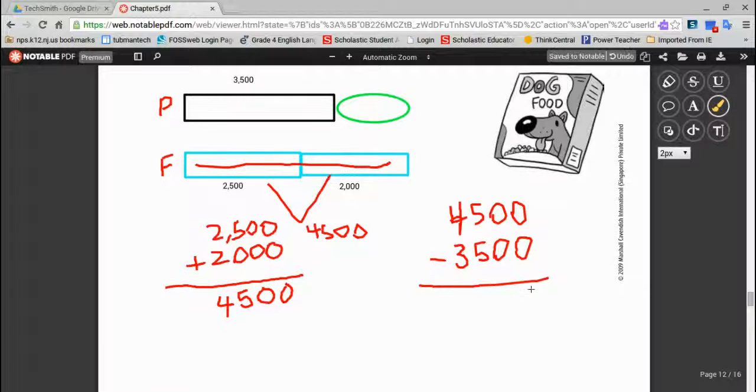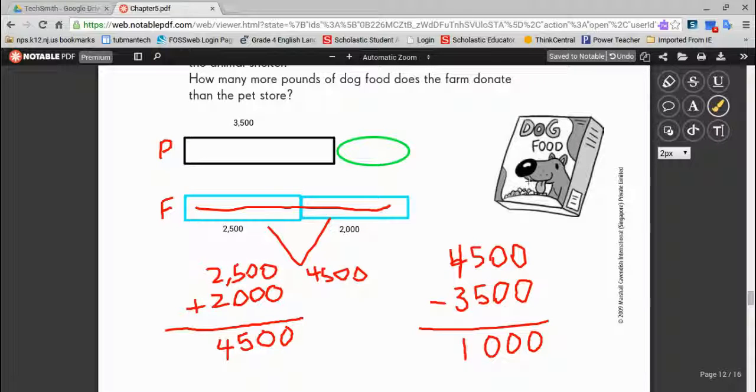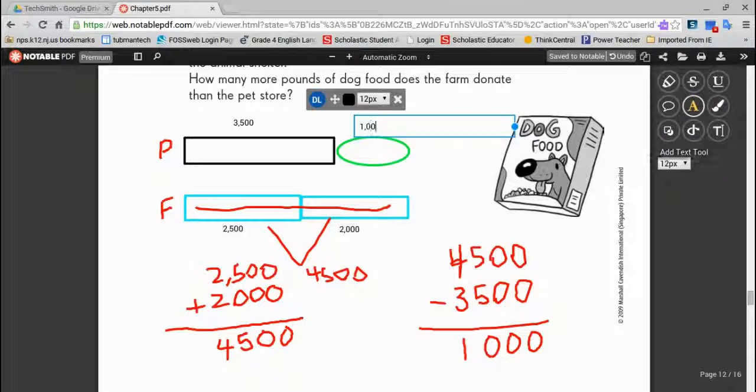Okay? 0 minus 0 is 0. 0 minus 0 is 0. 5 minus 5 is 0. And 4 minus 3, 4, 3, 2, 1 is 1. So right now I know that I have 1,000 more. So let's put that right in my bar model.